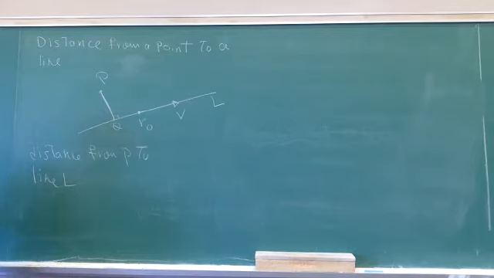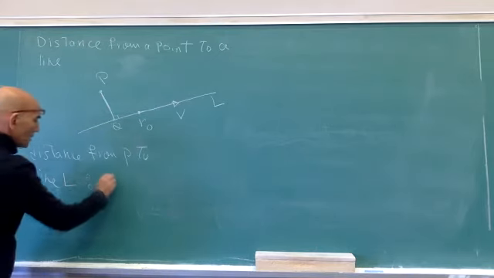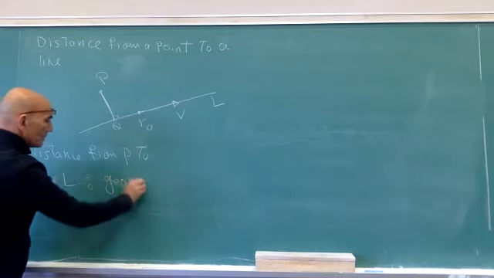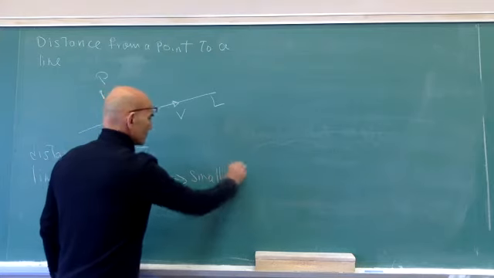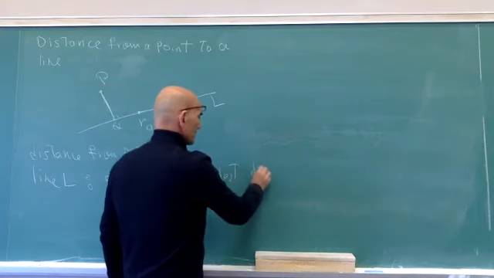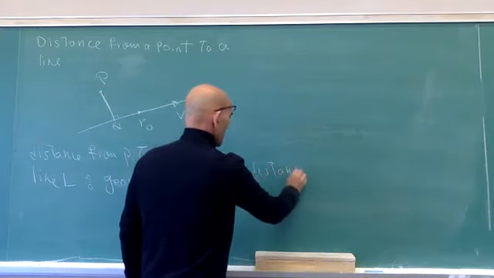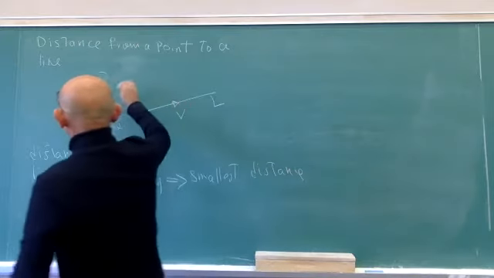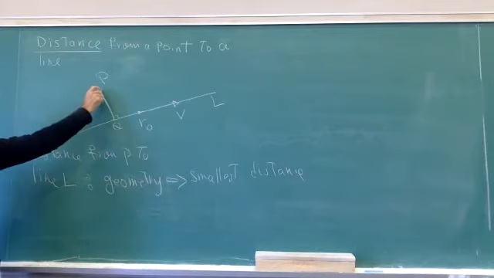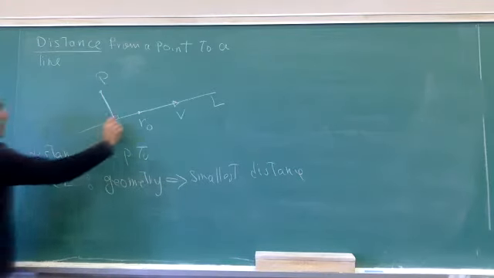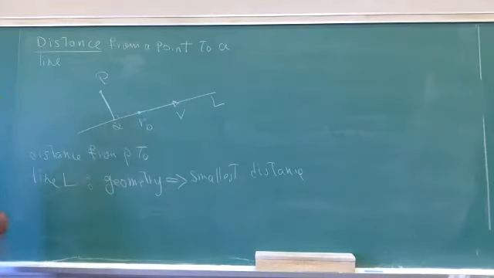Right? So geometry tells us that the smallest length, or smallest distance, which we are going to call the distance, because the idea of distance at first is a bit ambiguous. You have P and you have all these different points, so which one do we take for distance?